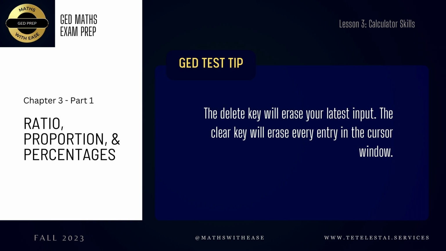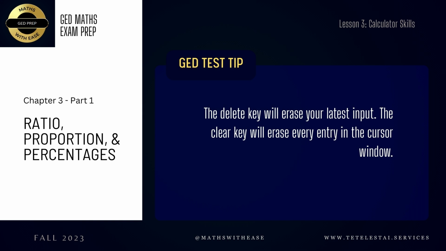And let's say in one of those steps, you made a mistake, you put in the wrong number, right? You don't want to press clear, because then that would erase all your entry and you'd have to start over, and the test is timed, right? So you don't want to waste time. So this is just telling you to practice using the delete key, and all you want to do is use your cursors to navigate to wherever you made the mistake.